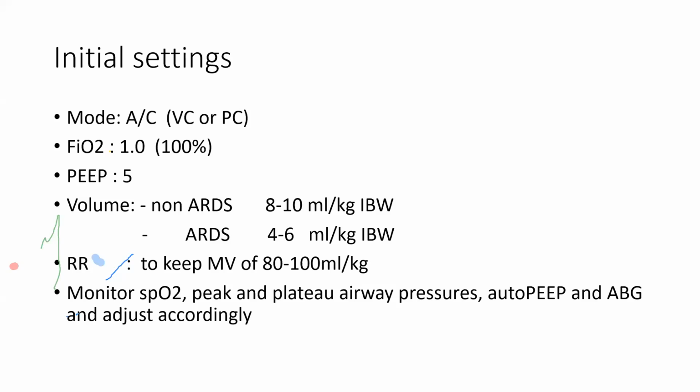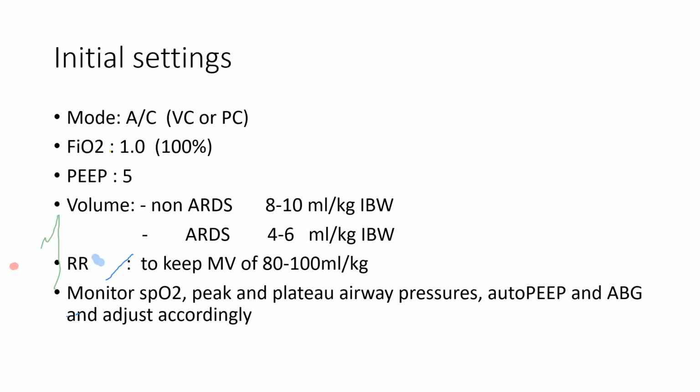So if the patient has ARDS, you would start with 4 to 6 milliliters per kg of ideal body weight. And in non-ARDS patients, you can start with higher volumes, 8 to 10 milliliters per kg of ideal body weight, usually 8. So this is the volume.